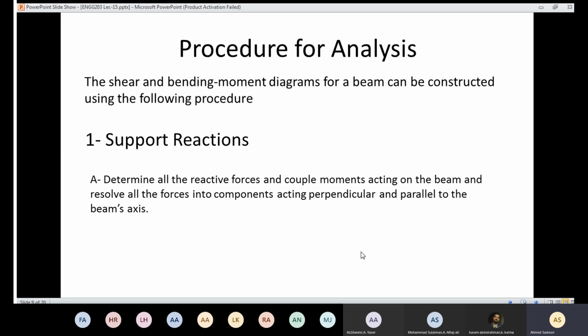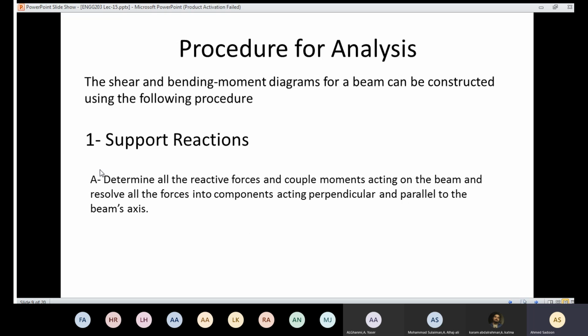So how am I going to do that? Here we have some steps. If we follow those steps, we are going to be able to draw the diagrams. The first step, I need to evaluate the support reactions. So I'm going to have a beam. The first step, I need to determine the support reactions.